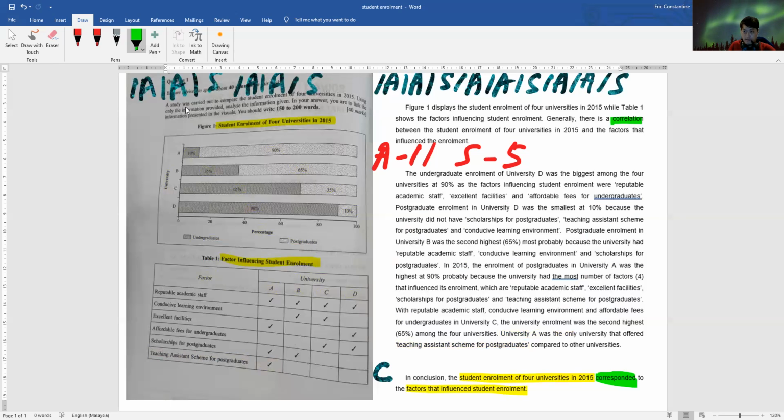So you see that I didn't copy paste the overview and put it in conclusion, but the meaning is still the same. So that is the most important one. Now, student enrollment of four universities in 2015 and factors that influence the enrollment. So I have these two important details, also in a way of referring to the report. So the first visual and the second visual.